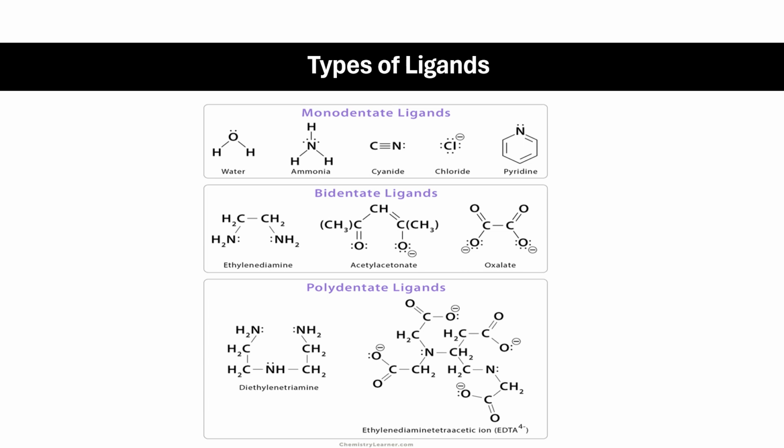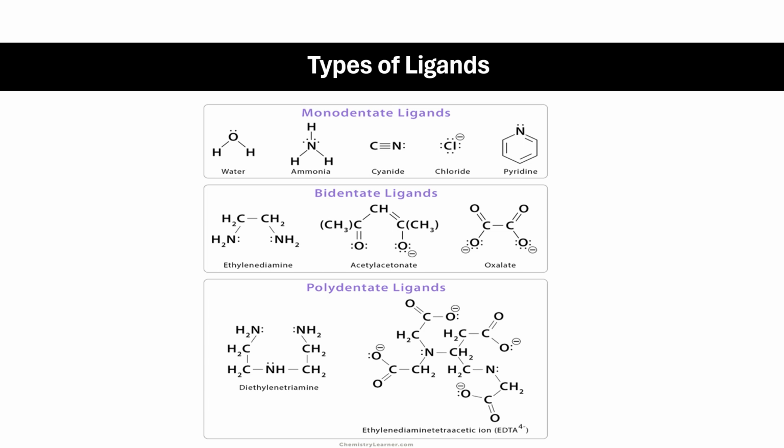Now let's talk about the types of ligands. We have actually 3: monodentate ligands, bidentate ligands, and the polydentate ligands. Let's talk first about the monodentate ligands, wherein the binding is at a single site, like water and ammonia, and also including cyanide, chloride, and pyridine.